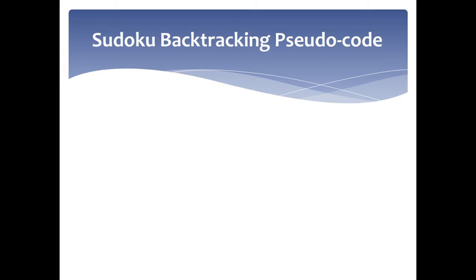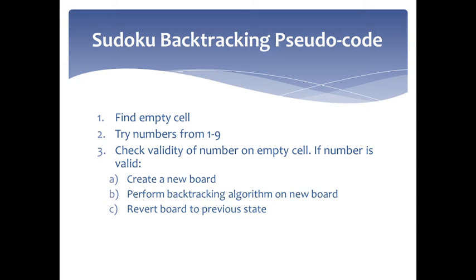Moving forward, let's develop the pseudocode based on our example so far. First, we find an empty cell, and then on that empty cell we try the numbers from 1 to 9, and for each number we check for its validity against the rules of the game.